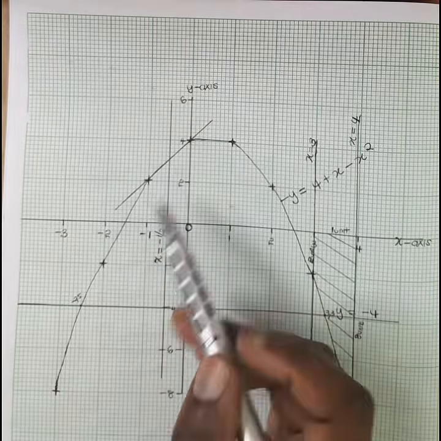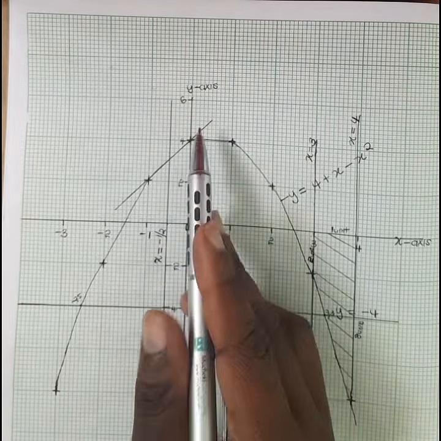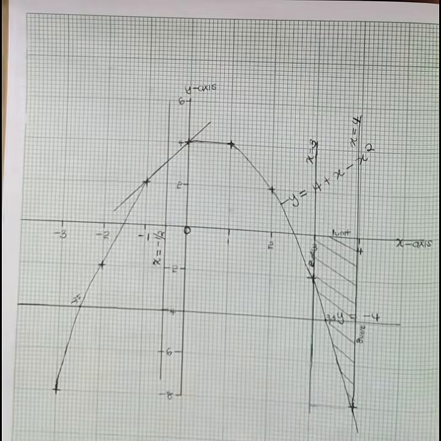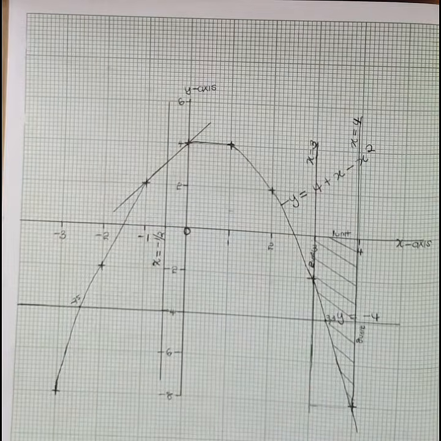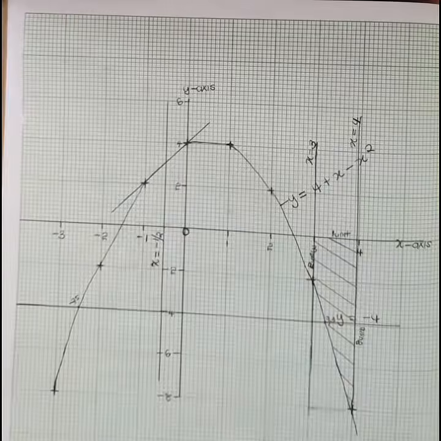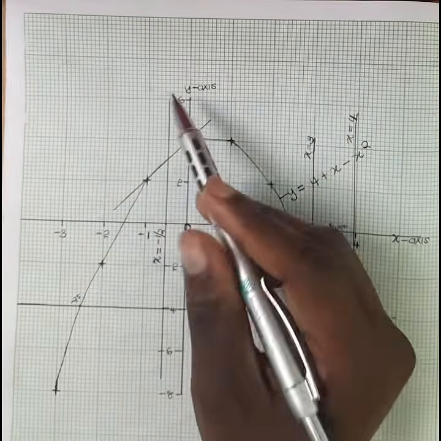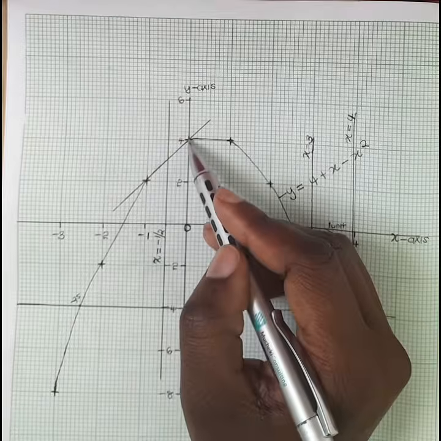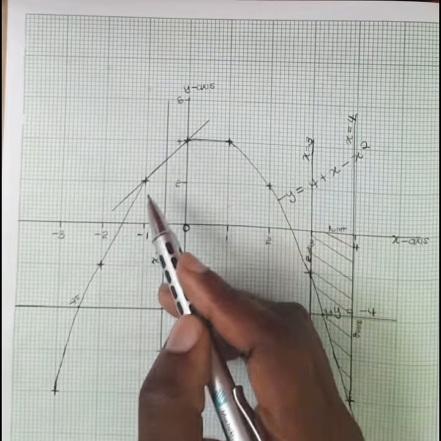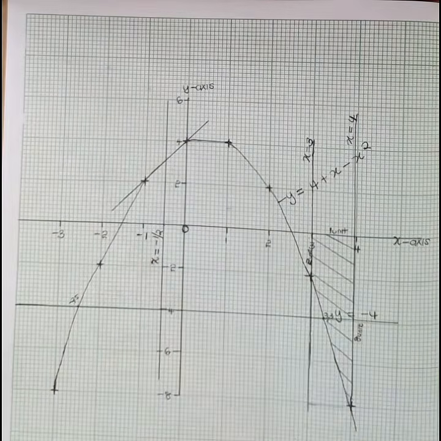So we are going to draw a tangent at x equals negative half like this. And then after that, we need to find the gradient. We are going to take two points on the tangent. Either we are going to take this 0, 4 and also this minus 1, 2.